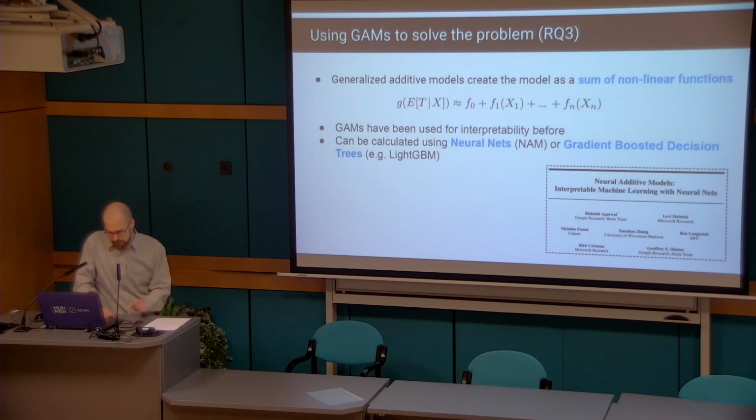So generalized additive models are a special kind of restricted machine learning model where the target is expressed as a sum of nonlinear functions based on separate sets of features.